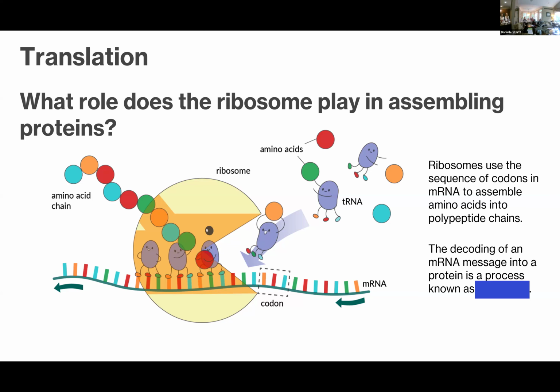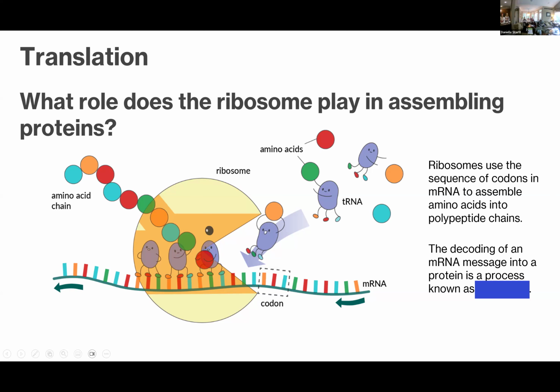They come in, each carrying their little amino acid, and they bring it down and click on, and then the amino acids bond together, and the tRNA molecules leave, and the amino acid chain will continue forming. And that's how your coding happens.